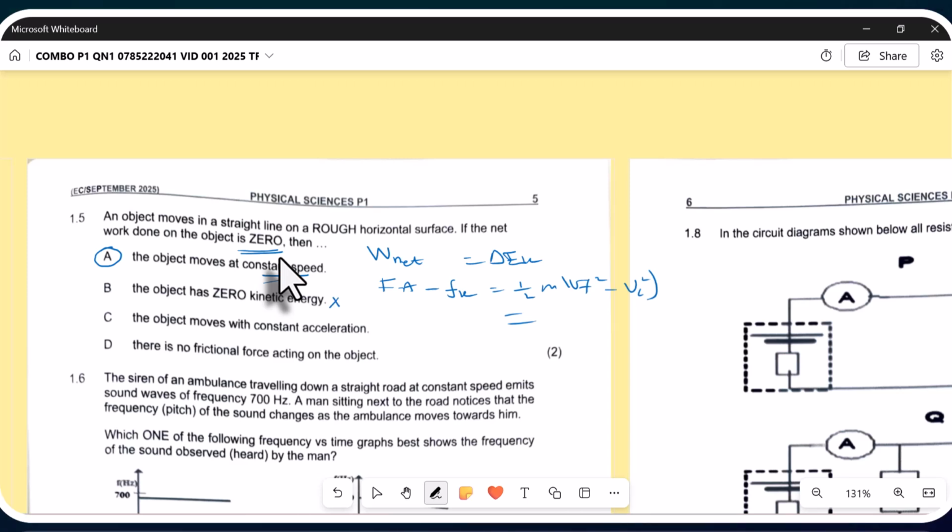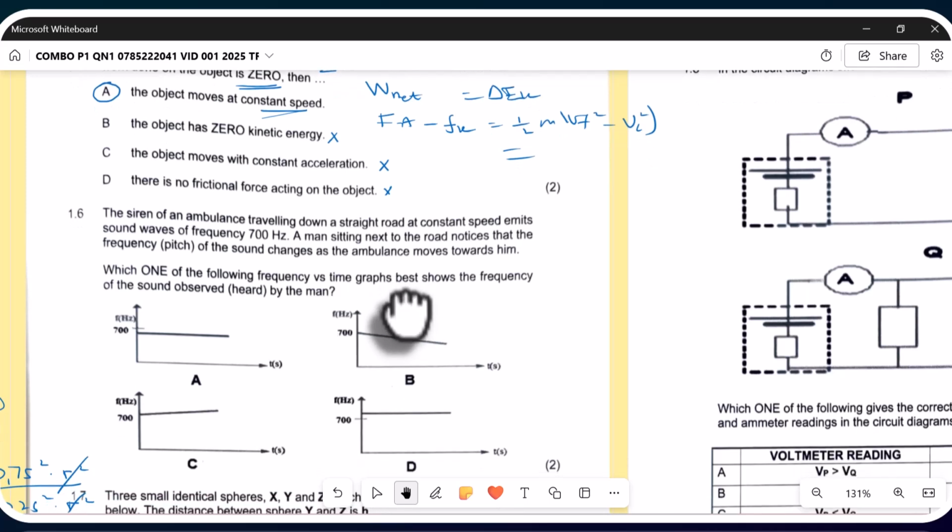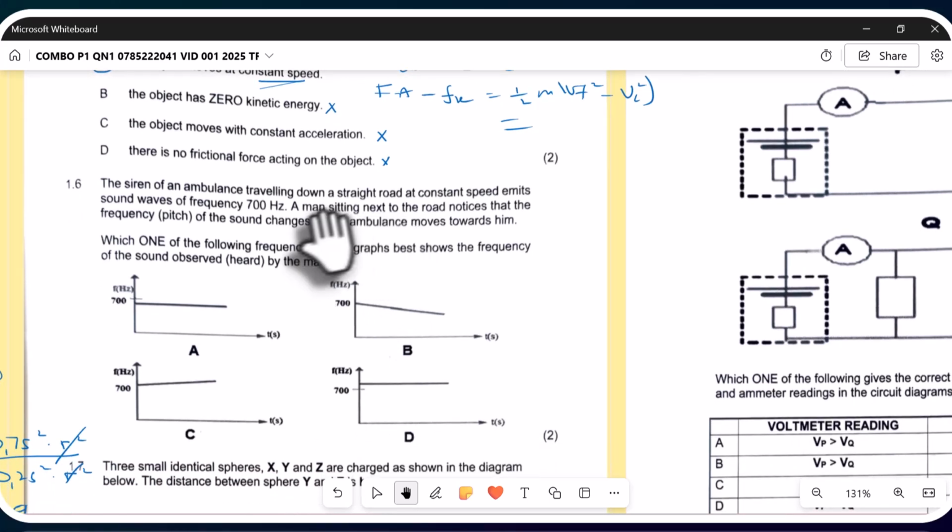1.6 here. They say the siren of an ambulance traveling down a straight road at a constant speed emits sound waves of frequency 700 Hz. A man sitting next to the road notices that the frequency or pitch of the sound changes as the ambulance moves towards him. Which one of the following frequency versus time graphs best shows the frequency of the sound observed by the man?